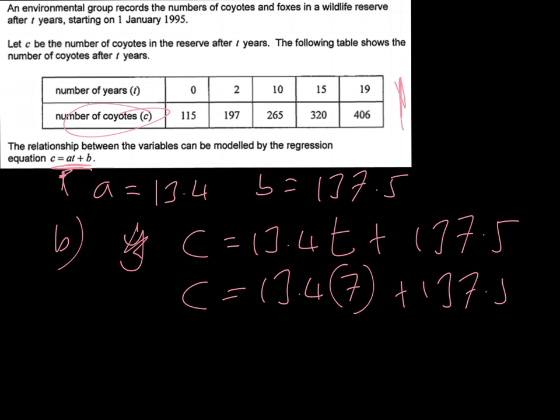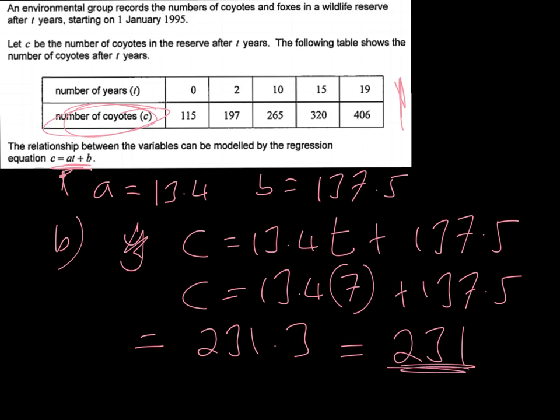And if we do that, we end up with a value of 231.3. And given that C constitutes the number of coyotes, we can say that that equals 231, as we're not going to be able to have 0.3 of a coyote.